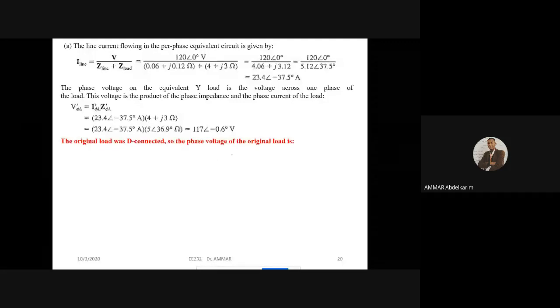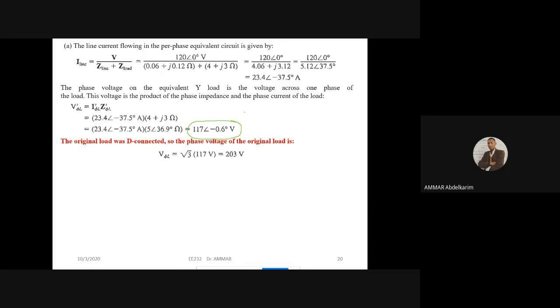However, the original load was delta, it's not Y. So this is an equivalent system. So this is the phase voltage across the load in the Y equivalent system.